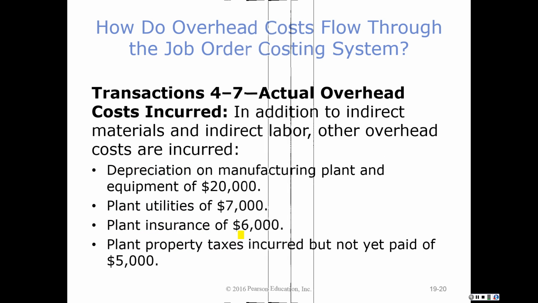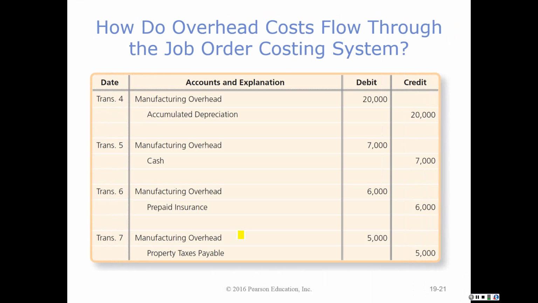Once we have them in manufacturing overhead, we will allocate them using some type of predetermined rate, which is where we're headed. But initially, when I'm recording that depreciation journal entry, I am debiting overhead for that depreciation. I am debiting overhead for the insurance or the taxes or the utilities that I'm paying for.